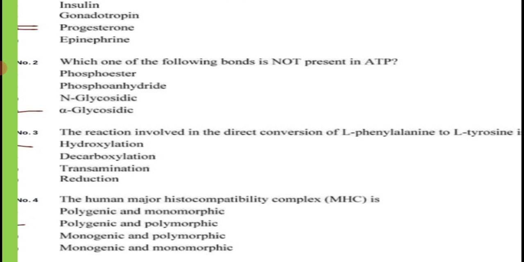Presence of different alleles of a gene at a frequency of more than 1% is known as polymorphism. MHC is polymorphic. MHC genes show polymorphism in the human genome. So the answer to this question is polygenic and polymorphic.